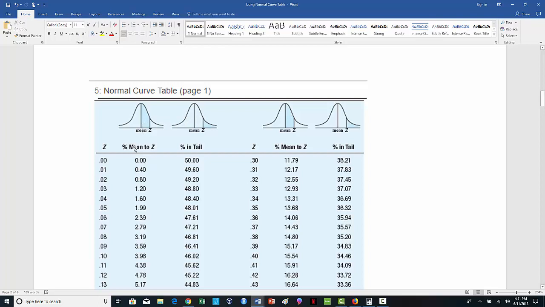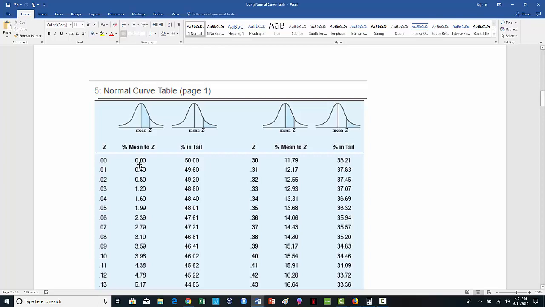This column says percent mean to z, and what the numbers mean is that it's giving you the percentage of the scores that fall between the mean and that particular z-score. So let's take the first number. Looking at a z-score of 0, what's a z-score of 0? We've seen earlier that the mean is always at the z-score of 0.